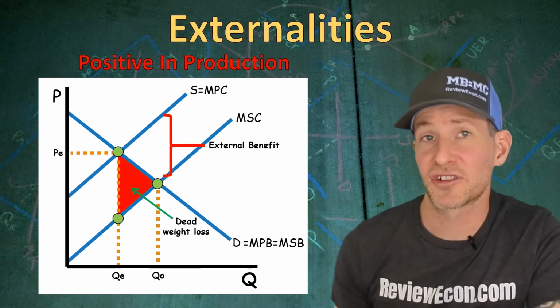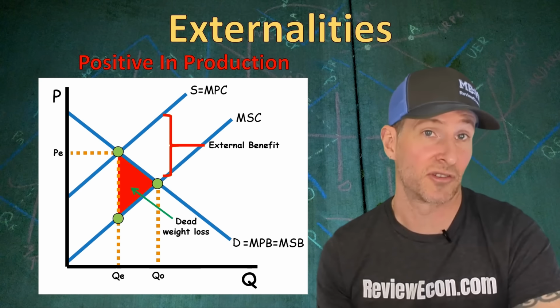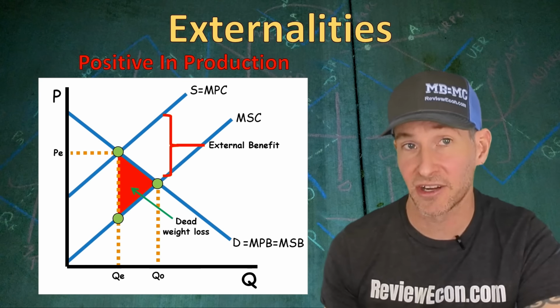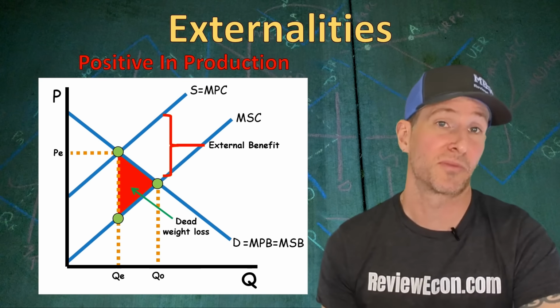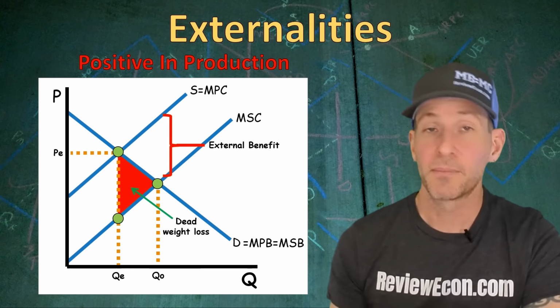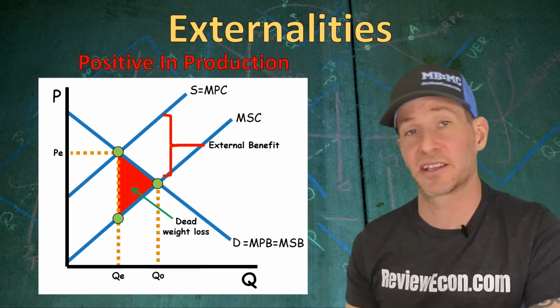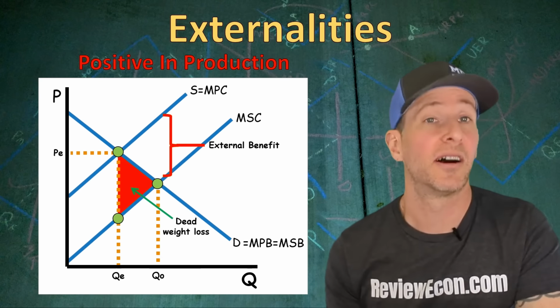If we have a positive externality in production, on the other hand, then we are going to subtract the marginal external benefit from the supply curve, giving us a marginal social cost that is lower than the marginal private cost. QE is the market quantity we would get for this product, but the allocatively efficient quantity is at QO. And since we are once again underproducing this product, we have that triangle of deadweight loss.